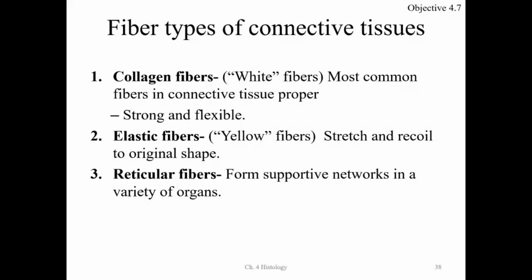They're very strong and flexible. Then we're going to have elastic fibers. We call these yellow fibers. These guys stretch and recoil. They go back to original shape. And then there's reticular fibers, which is a latticework, forms the supported networks in organs like liver, and spleen, and things like that. Okay?